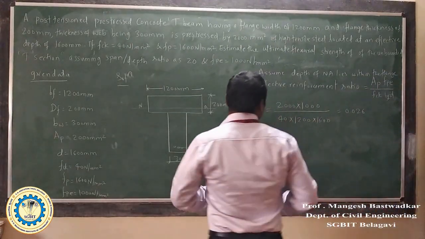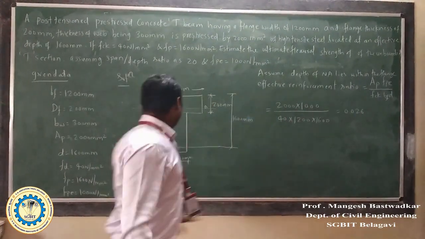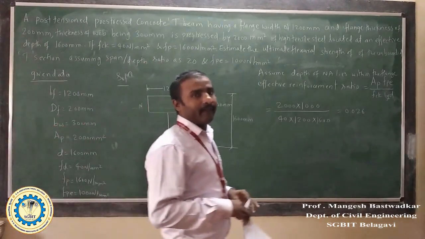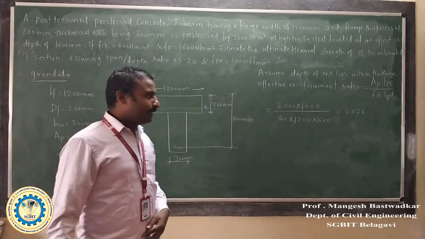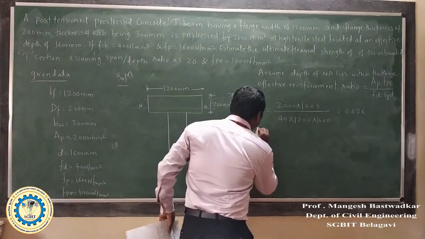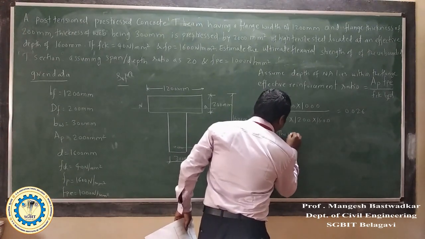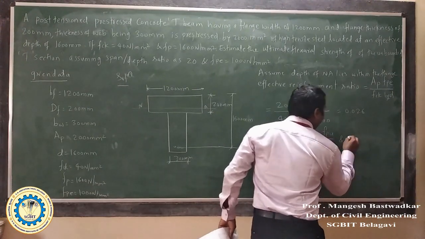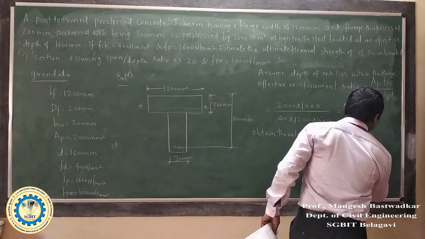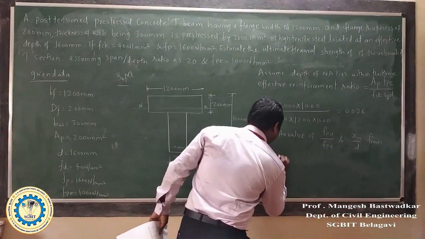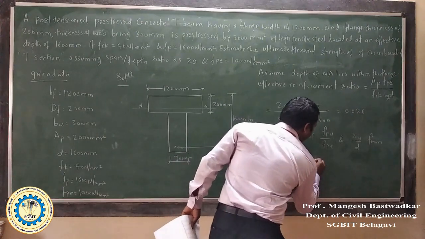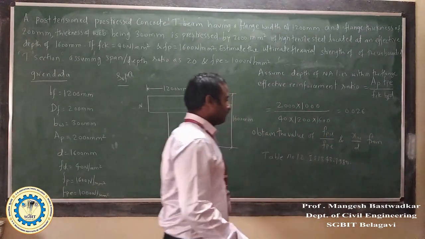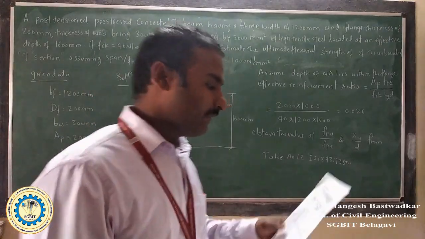Now, based on the effective reinforcement ratio and the span by depth ratio, we will obtain the value of FPU by FP and XU by D from table number 12, IS 1343 1980. So how to obtain this value, we'll see.